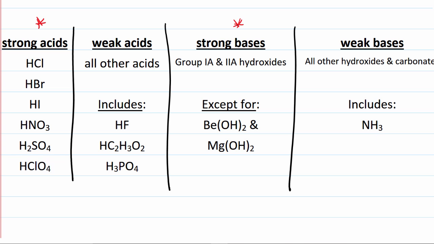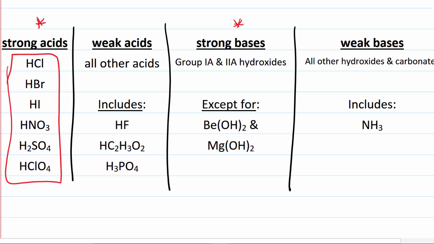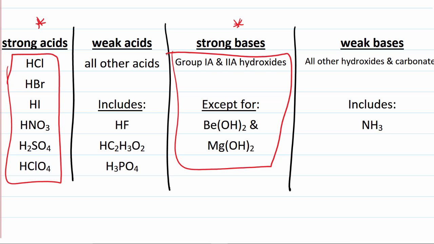So this here is a complete list of strong acids, and this here is a complete list of strong bases. Again, any other acid you encounter, if you don't see it anywhere on either of these lists, it's going to be a weak acid. And likewise, if you don't see anything on the list here, it's going to be a weak base.